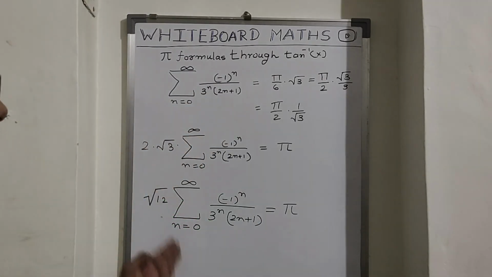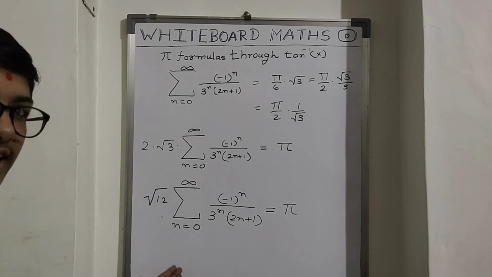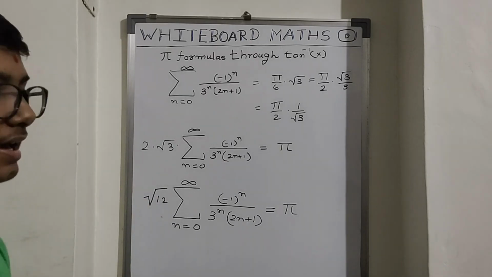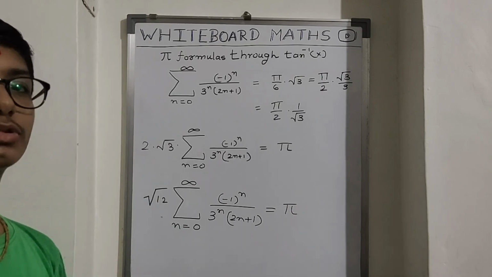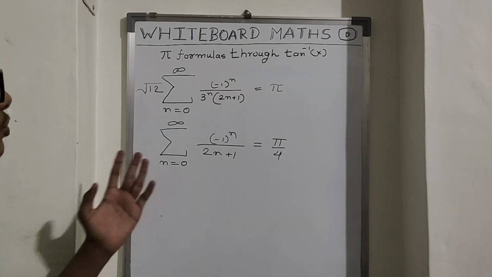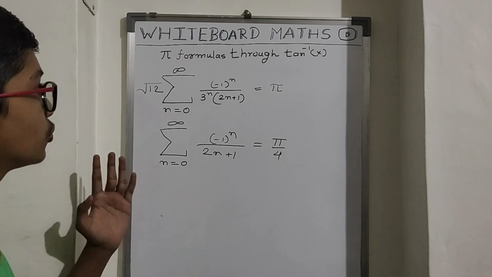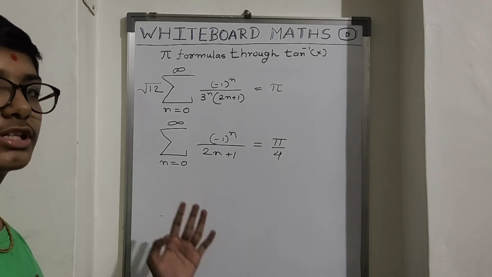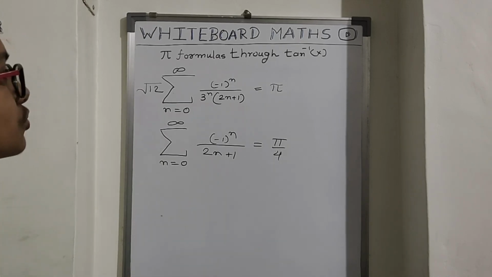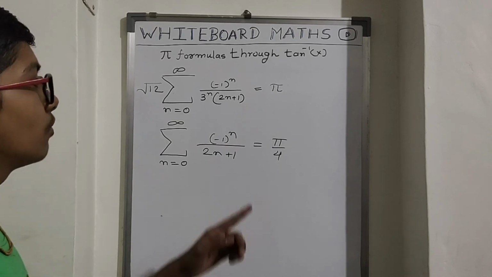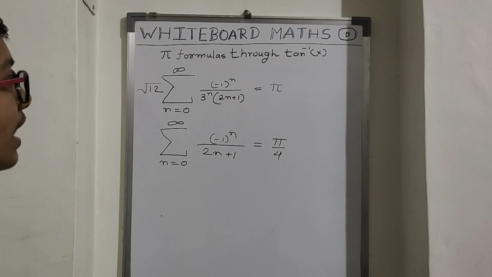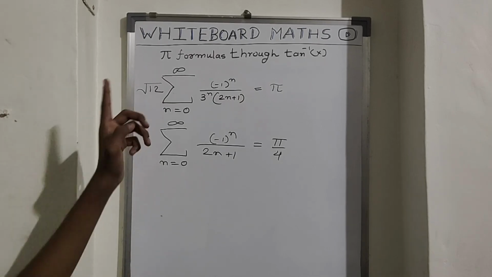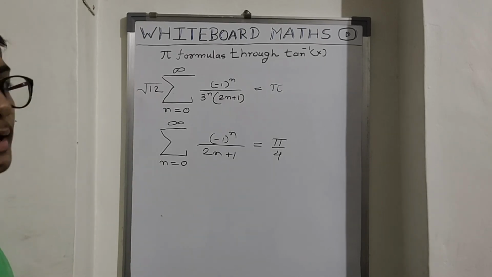So guys, this is our second important formula, and we will clean up the board and compare both series. These are the two formulas we have derived today. Which formula is better, do you think? My opinion is the first formula.